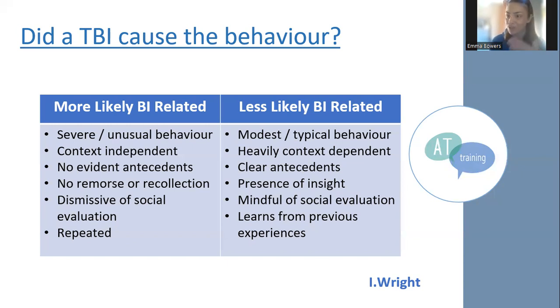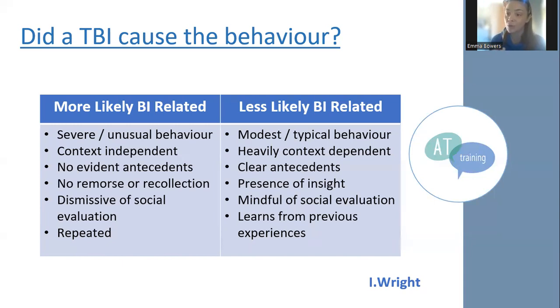Also, if the behaviour is consistently repeated, and the reason I mention repetition is because people with a TBI can learn very differently and don't necessarily learn from previous experiences. So if you have a teenager who does something, say at school, that does not have positive reinforcement from the peers, it's very unlikely that they would continuously repeat that behaviour.